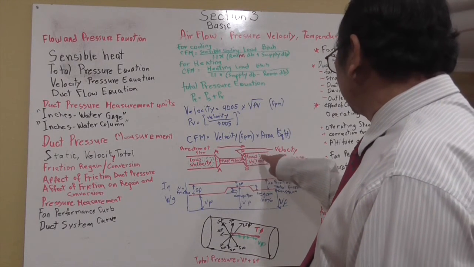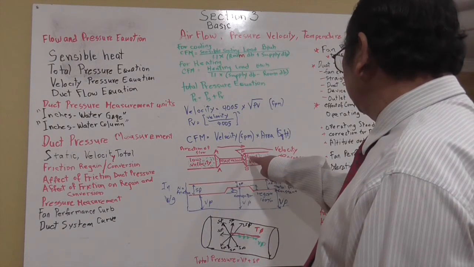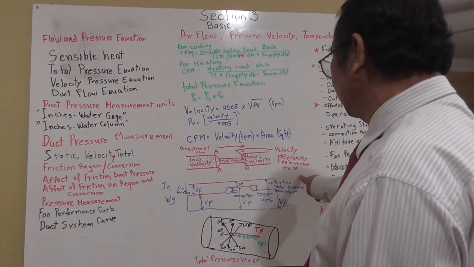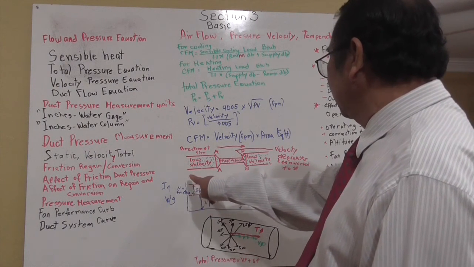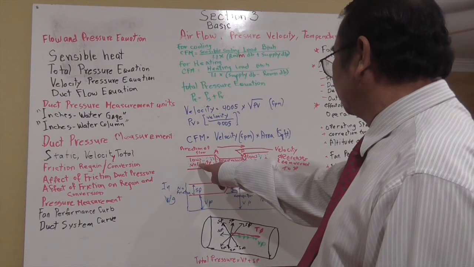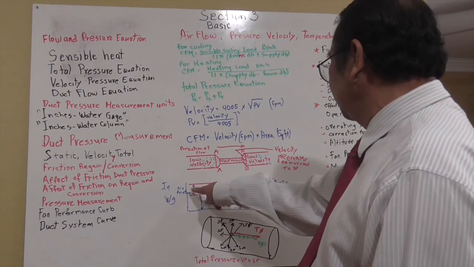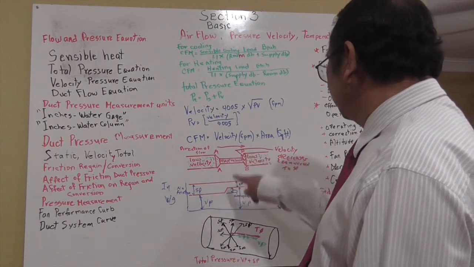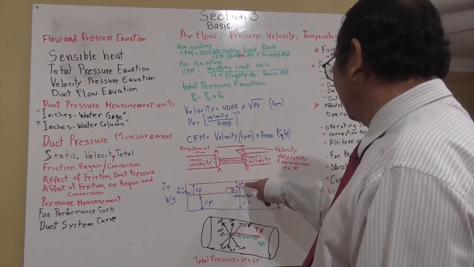On this side the velocity decreases, and then the static pressure increases. Here you have a normal size diameter, and you see the static pressure. Then we went to the restriction, and the static pressure went down.